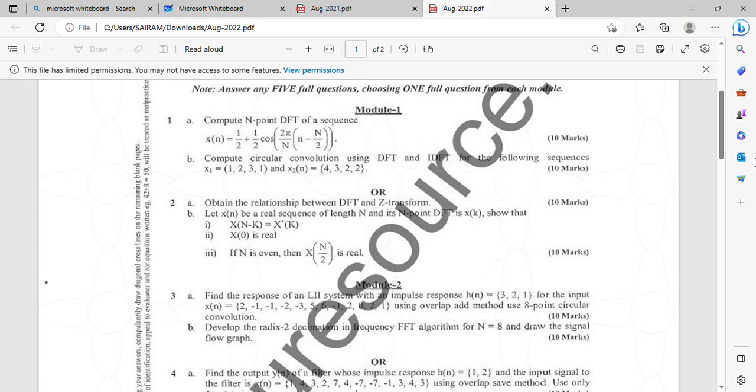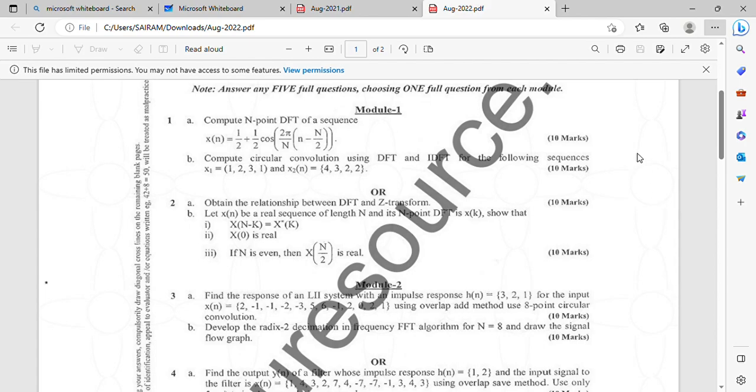I am repeatedly telling you, I'll also show you that. I'll also club the two syllabi together and then show you, right now only I'll do it. So this is also one question on N-point DFT.